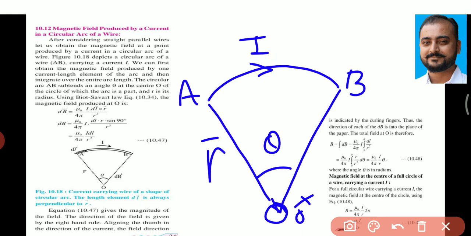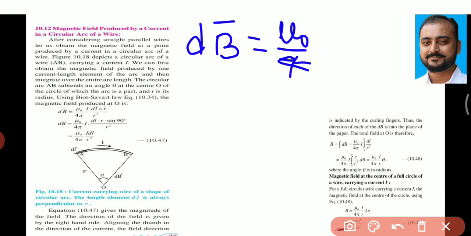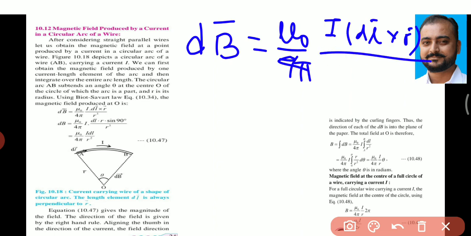So how can we find it? For that we know the Biot-Savart Law. According to the Biot-Savart Law, in vector form, it is written as mu 0 divided by 4 pi, I into dl cross r, divided by r cube.